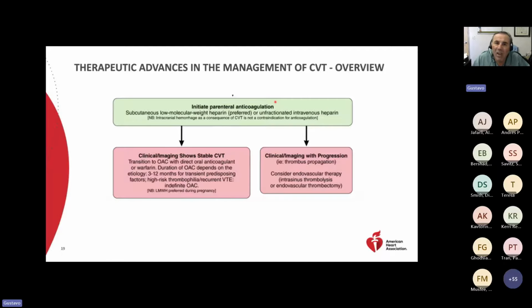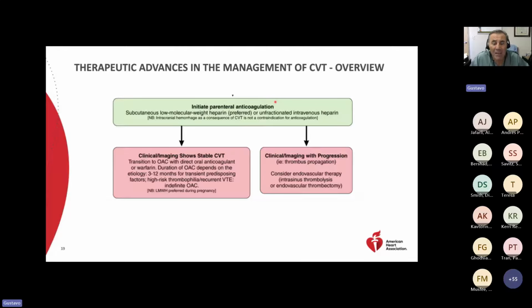So the question is what happens when the patient has progressive neurological deterioration despite anticoagulation therapy, or when you have someone who may be in coma, or who may not have enough time for the anticoagulation to work and help prevent the progression of the clot? Then this opens up different strategies.